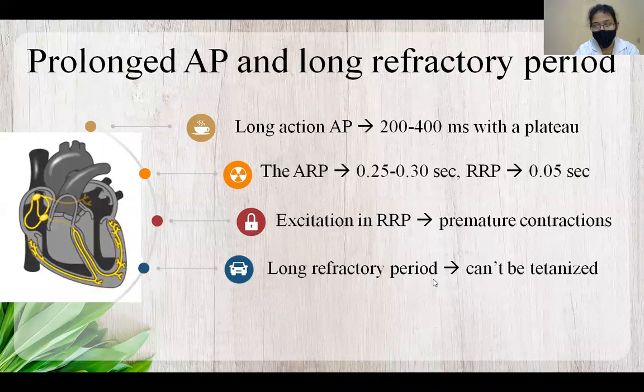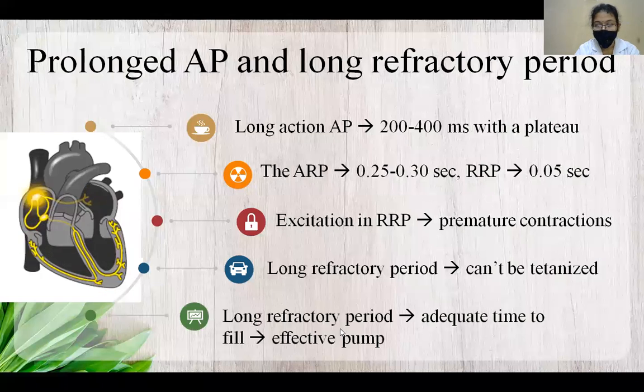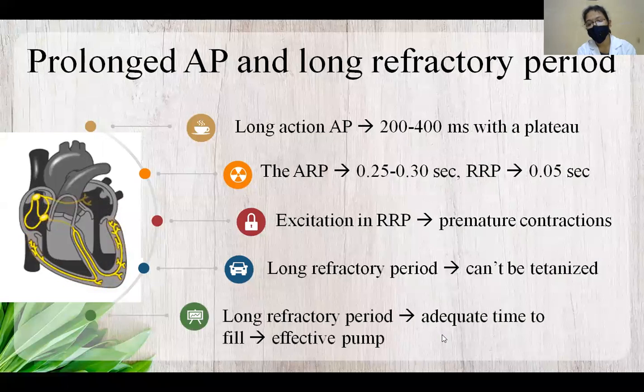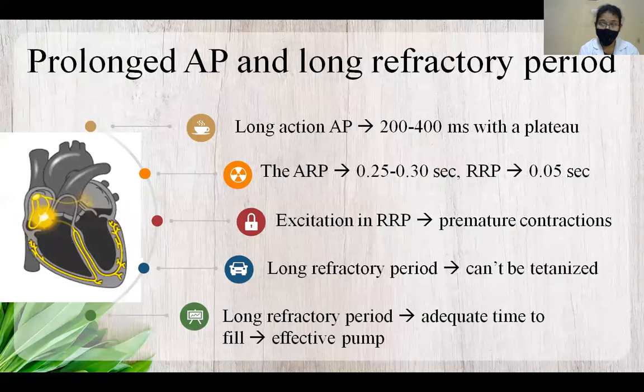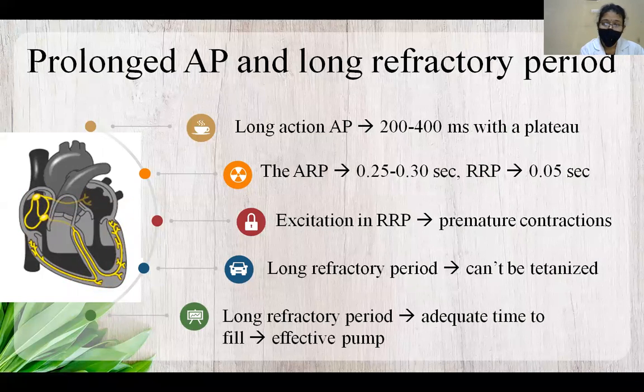Because of the long refractory period, the heart cannot be tetanized. And because of this long refractory period, there is adequate time for the ventricles to fill. If there is adequate filling, it can act as an effective pump. The stroke volume is dependent on the diastolic volume, that is the filling of the ventricles.